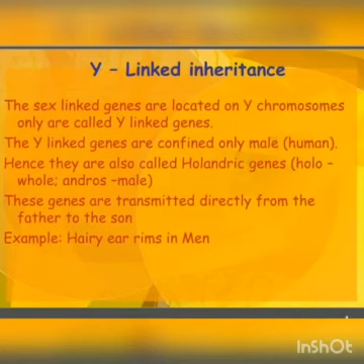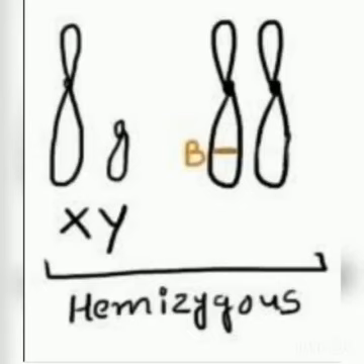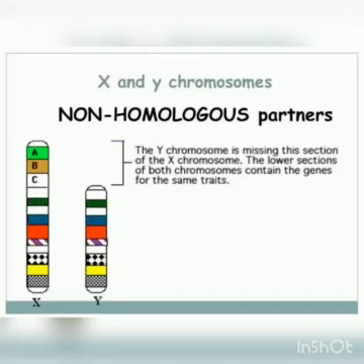Sex-linked inherited traits are more common in males than in females because males are hemizygous. Hemi means half. They have one X chromosome and another Y chromosome, and therefore express the trait, trait means character, when they inherit one mutant allele.